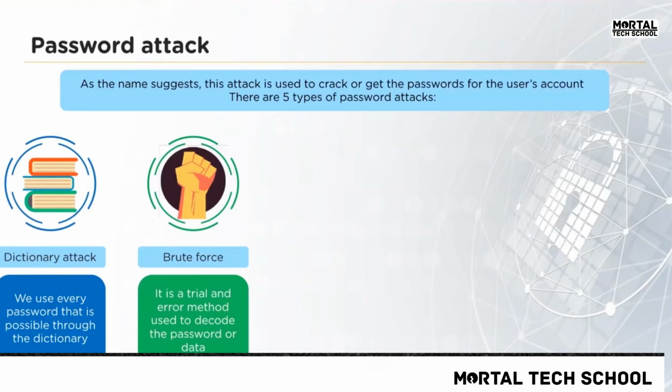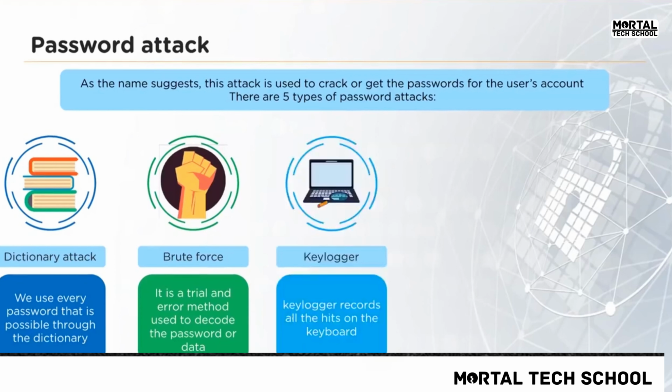Now, this is 100% successful given the time that it may take. So if the time that is going to take is going to be 100 years, the attack becomes unsuccessful because during that period, the password is most likely to be changed, the technology is going to be changed, and so on and so forth. So if the password is easily guessable, this can be a very easy attack to perform.